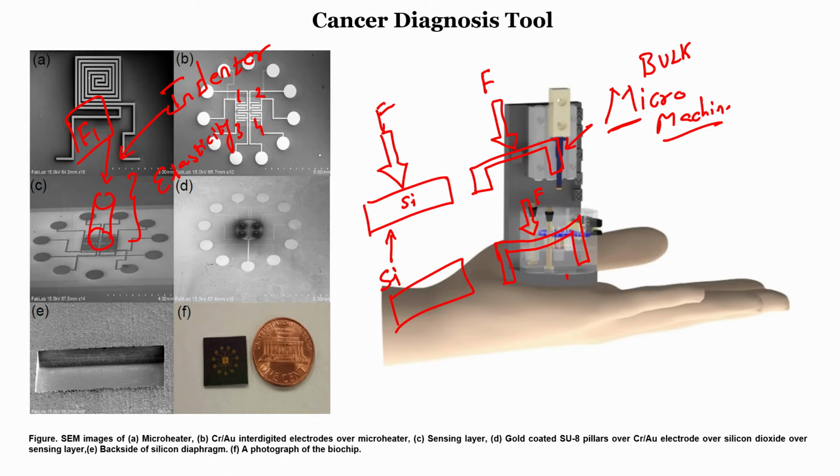Then if I have a piezoresistor on this silicon wafer, then what you see here? There is a bending of the piezoresistor.